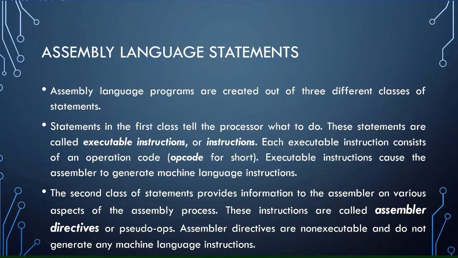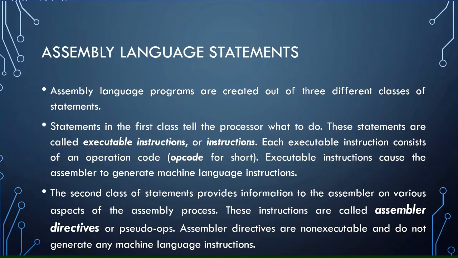Second type is called assembler directives. In assembler directives, the first important thing is that they are non-executable. The previous one is executable, but assembler directives are non-executable code.